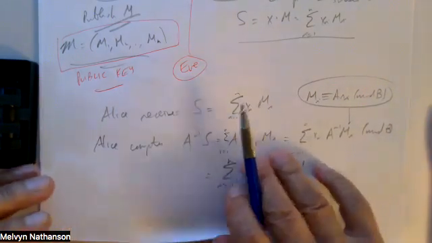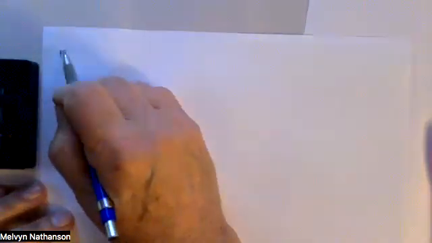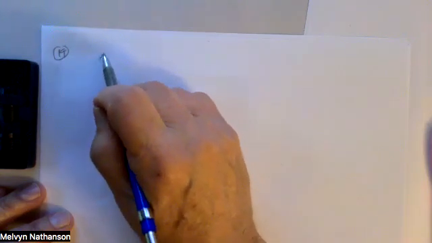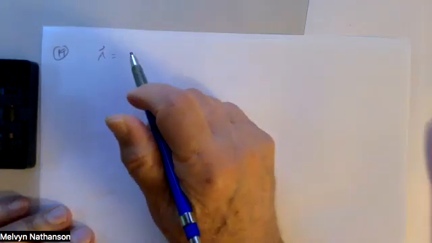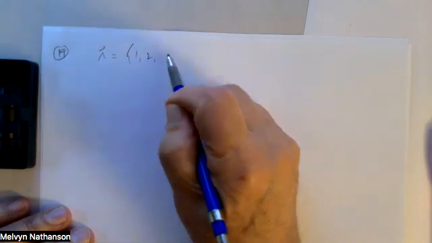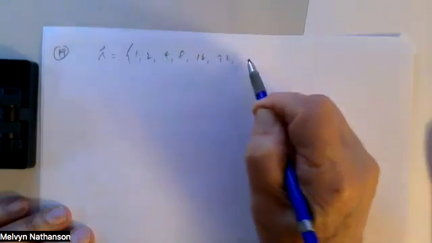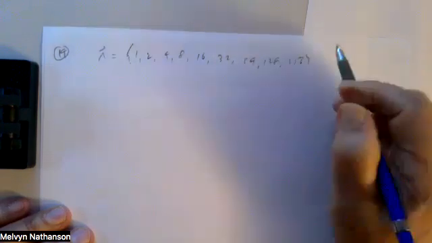Let's look at the review sheet, where there's a problem on this crypto system. Number 14: R is the world's simplest super increasing sequence, just the first 9 powers of 2: 1, 2, 4, 8, 16, 32, 64, 128, 256.